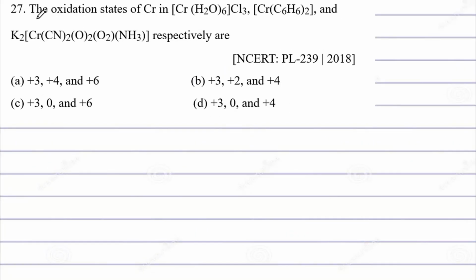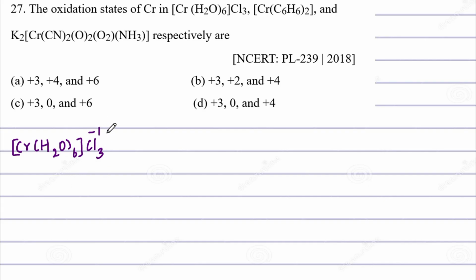The next question is: the oxidation states of chromium in the given 3 compounds respectively are. So the first compound is [Cr(H2O)6]Cl3. 3 chlorine atoms are outside the coordination sphere.